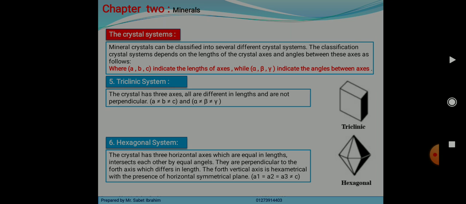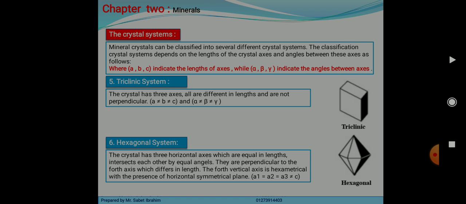The 3 horizontal axes intersect each other by equal angles.